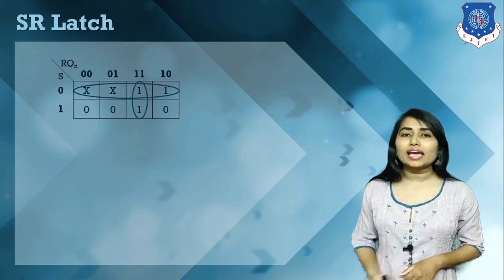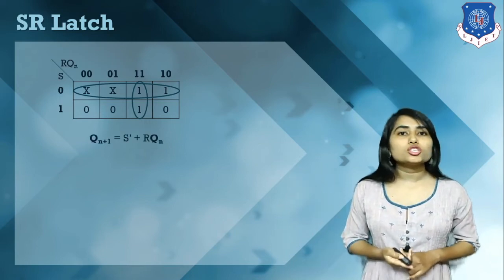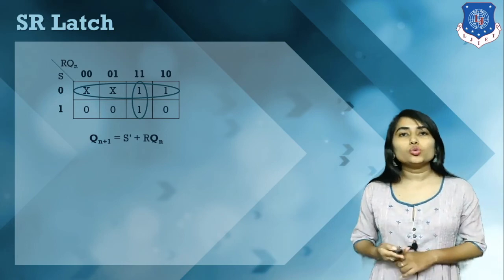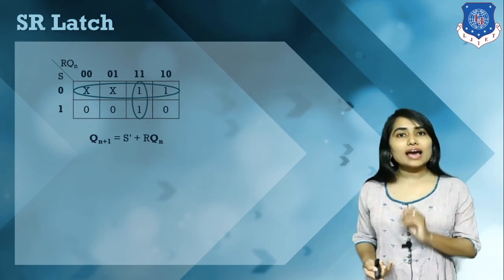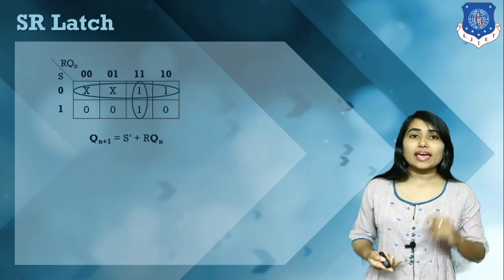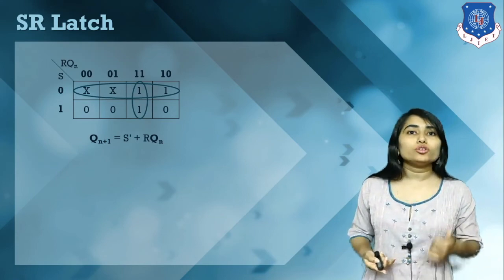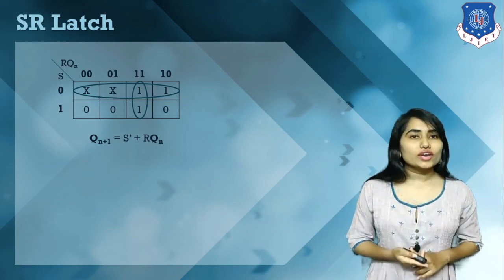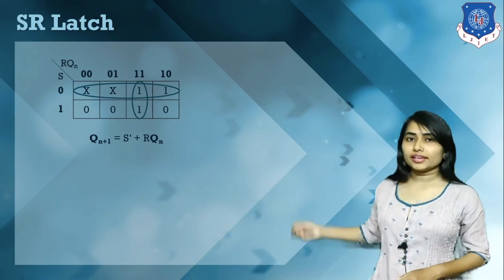So the characteristic equation is Qn+1 = S' + R Qn. Previously we had the characteristic equation S + R' Qn. Here we have S' + R Qn, because this is an active low SR latch. So this is the characteristic equation of the SR latch using 2 cross-coupled NAND gates.